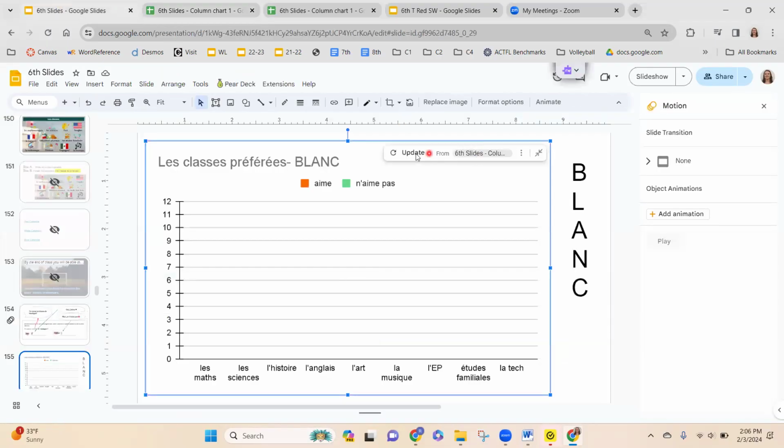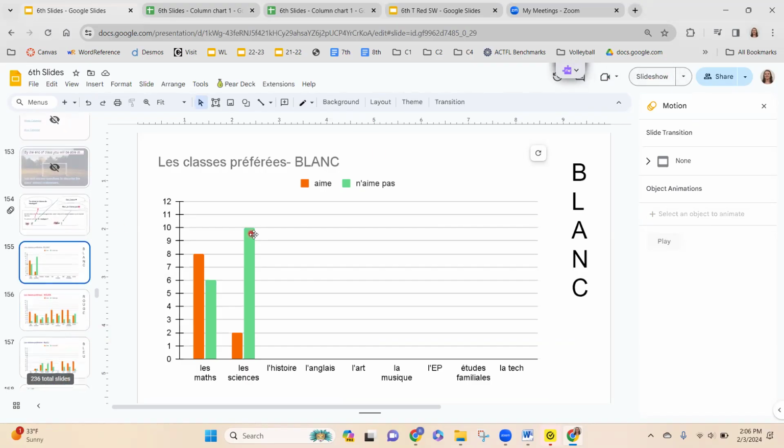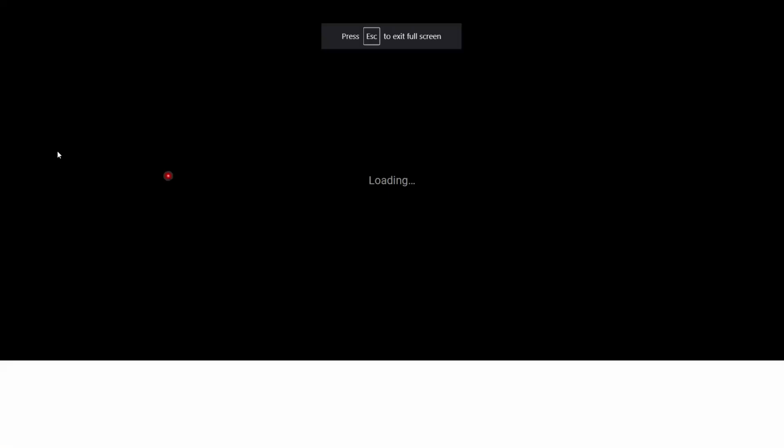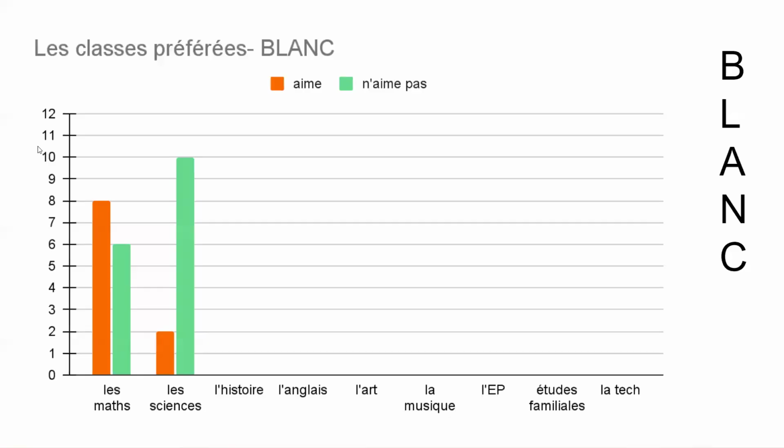And then back on the slide, you can actually update it and it will produce the chart for you on the slide. So that I was able to look back at the slide with the students, and we could look at our complete data and count how many liked each class.